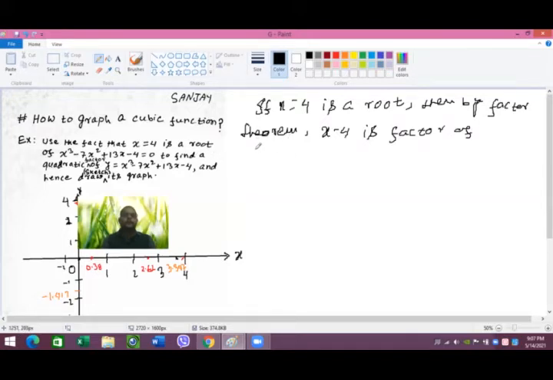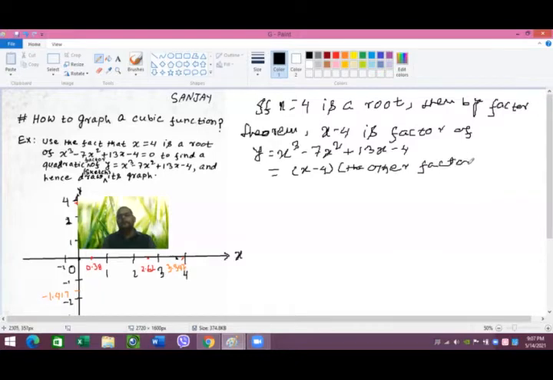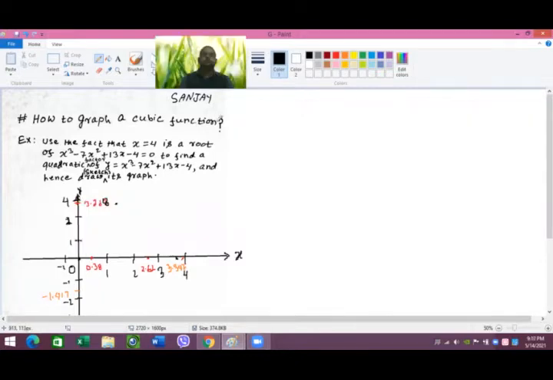You can say y equals x cubed minus 7x squared plus 13x minus 4. That means you can factorize this in the form of x minus 4 times the other factors.